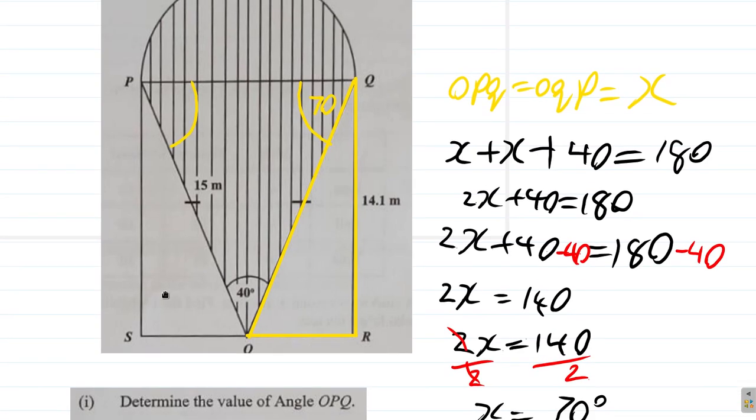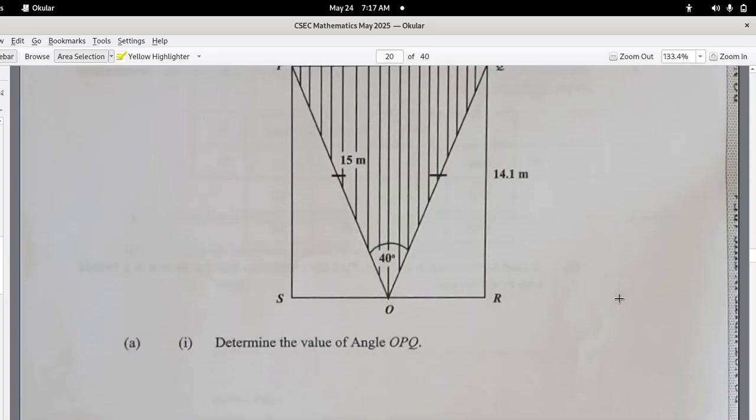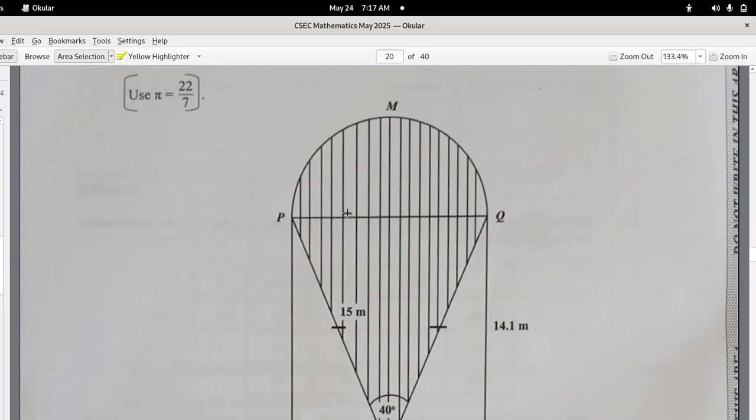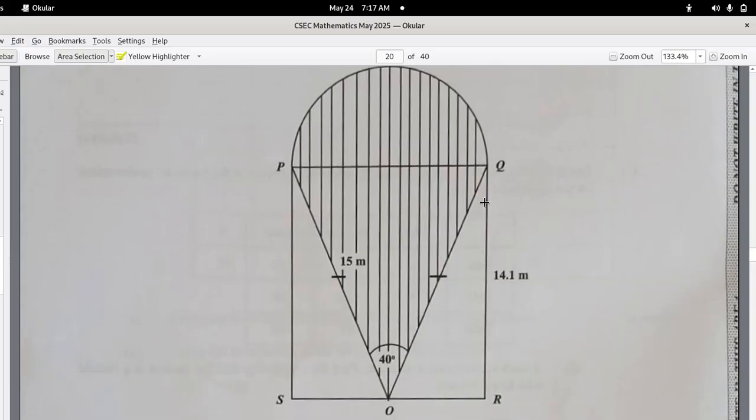Now, here, this is 90 degrees, right? Remember what they say. PQRS is a rectangle.